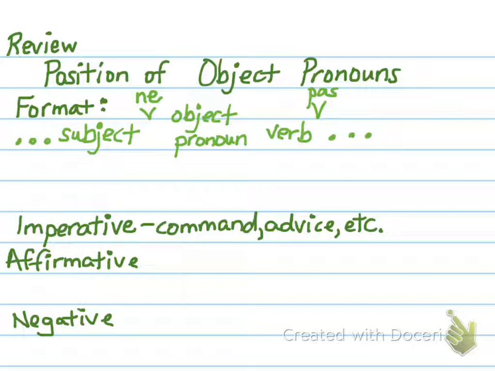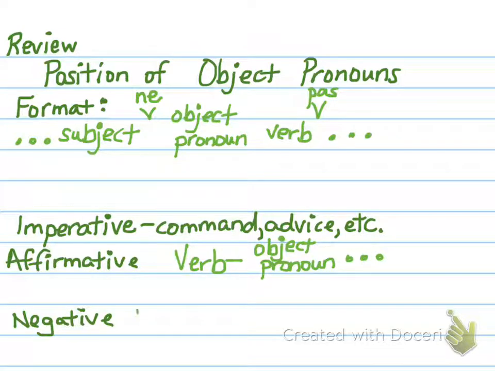In the imperative, where you're giving commands or advice, again, the format of that is your verb, hyphen, your object pronoun, dot, dot, dot for whatever else is in your sentence.